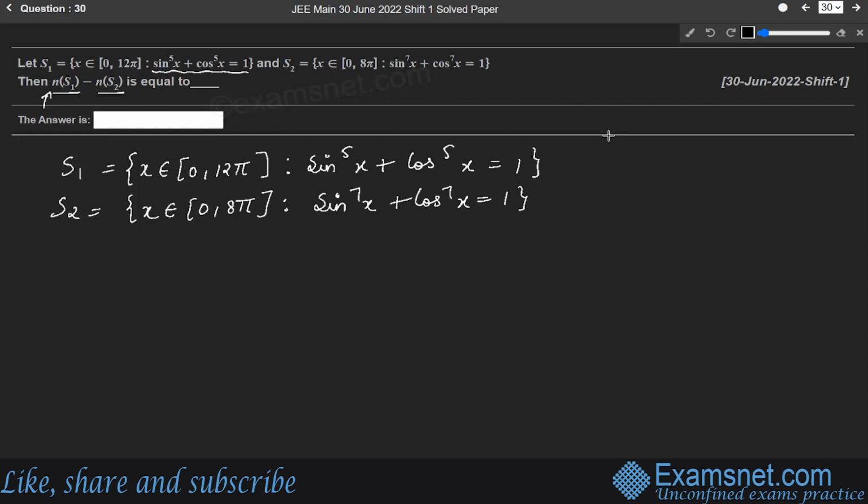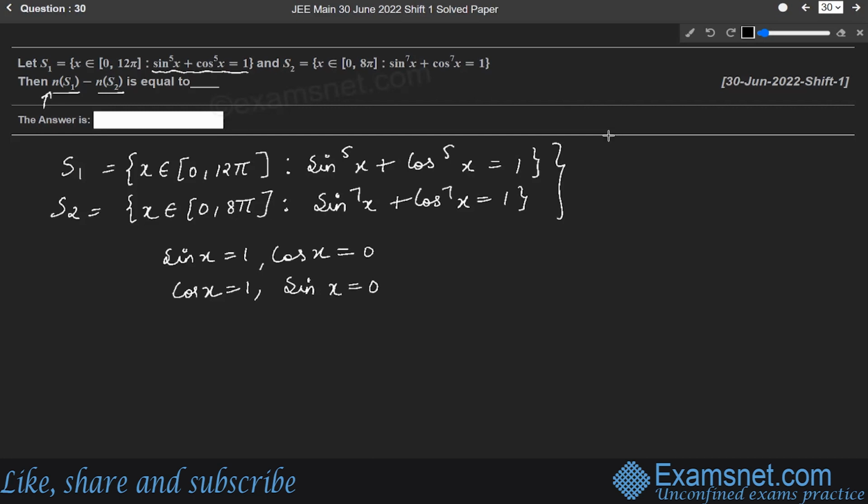Before moving on to the solution of this question, we need to understand the condition that will satisfy these given expressions. The condition is when sin x is equal to 1 and cos x is equal to 0, or when cos x is equal to 1 and sin x is equal to 0.